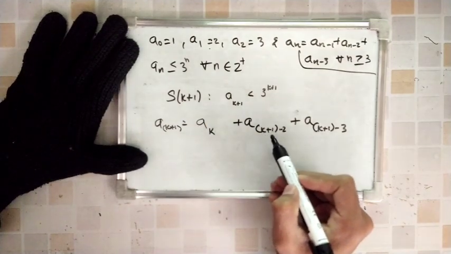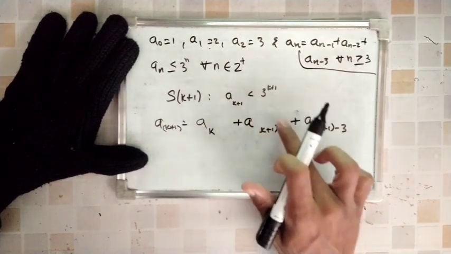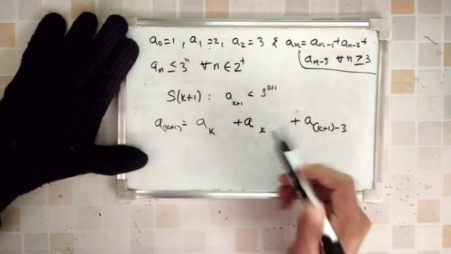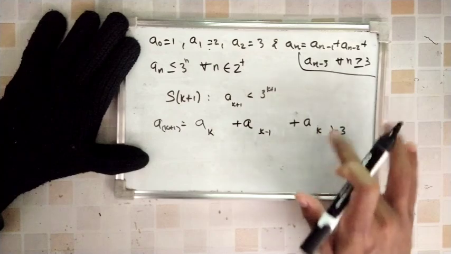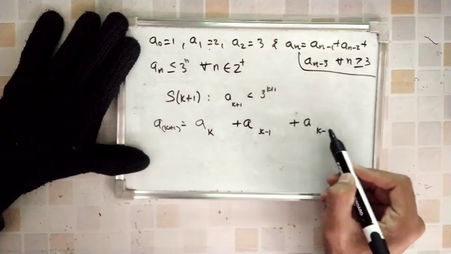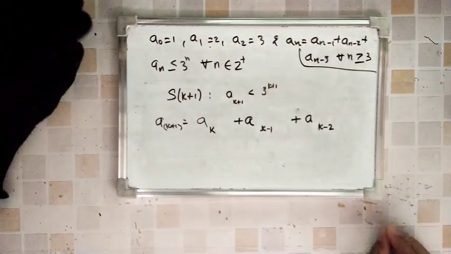Then k+1-2 is k-1, and k+1-3 is k-2. So here I can write a_(k-2).